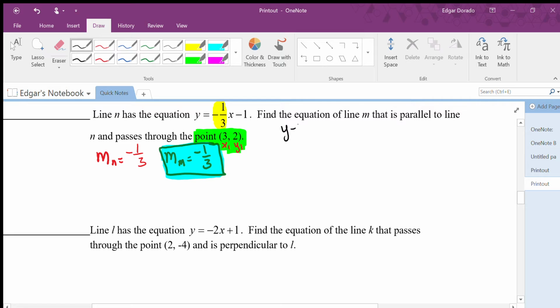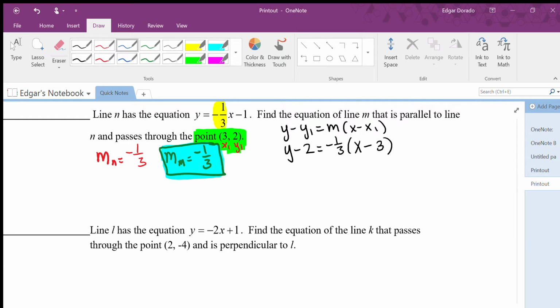So y minus y1 equals m times x minus x1. Let's substitute all our values in here. We have y minus 2 equals negative 1/3 times x minus my x1, which is 3. I can go to distributing.